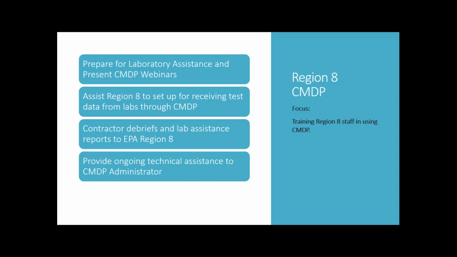When it came to Wyoming, we could not do that because our Wyoming organizations were not synced with SCS from CMDP to SCS at all. So we didn't have the Wyoming PWSs, and the Wyoming labs were not populated in SCS. And that was, to us, a showstopper.